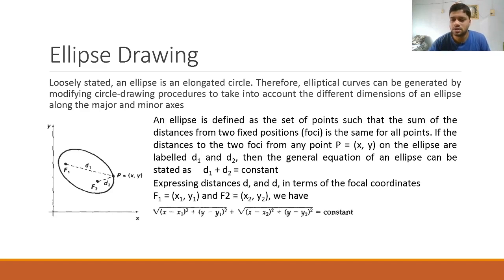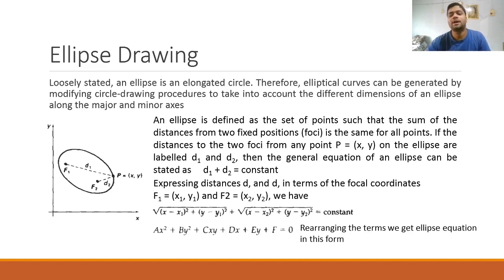Now we can rearrange these terms, get rid of the square root, square everything up, and then simplify the function in terms of a few constants. We get the equation of the ellipse in this form: ax square plus by square plus cxy plus dx plus ey plus f equal to 0. That we get by rearranging the terms in the distance formula.